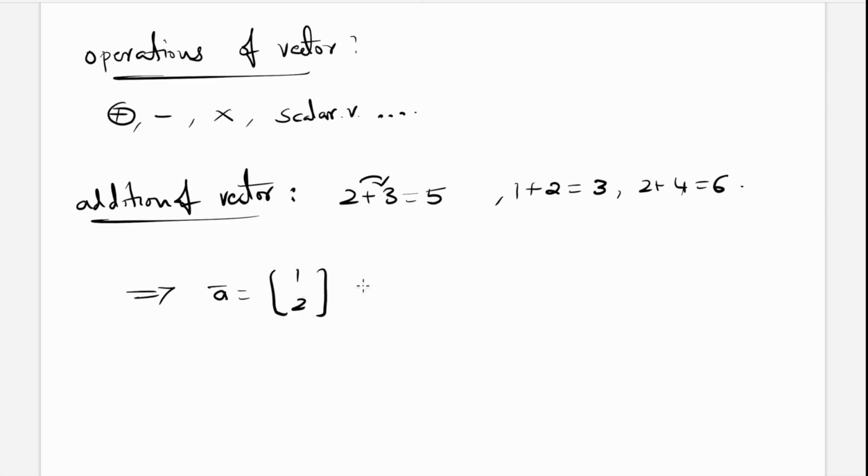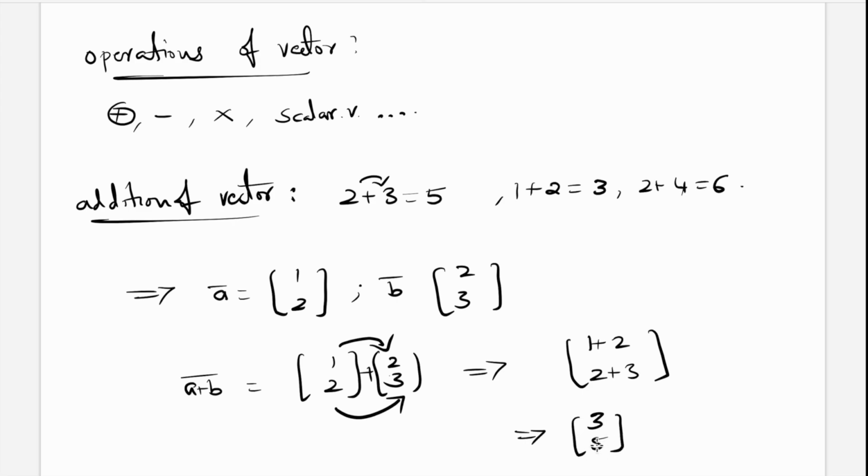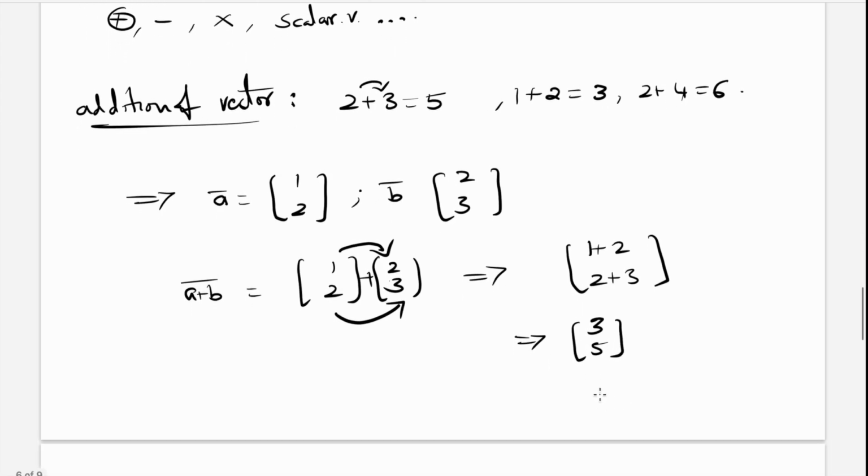If I have vectors like this, we simply add these two, 1 plus 2 and 2 plus 3. So 1 plus 2 is equal to 3, and 2 plus 3 is equal to 5. This is the addition of vectors.